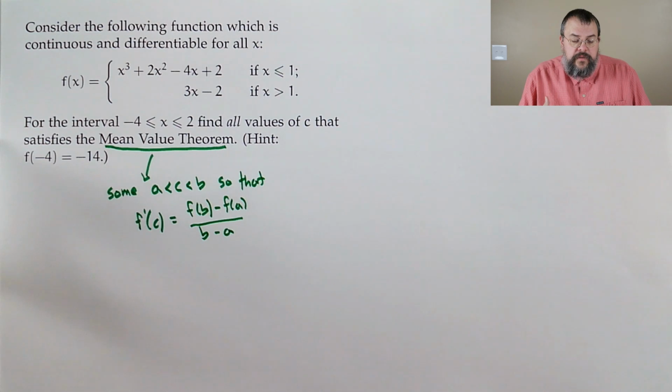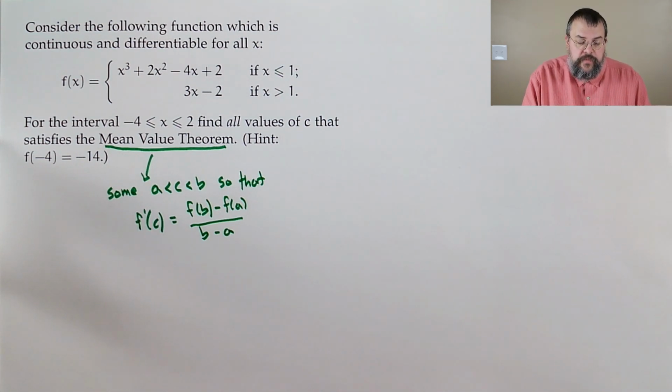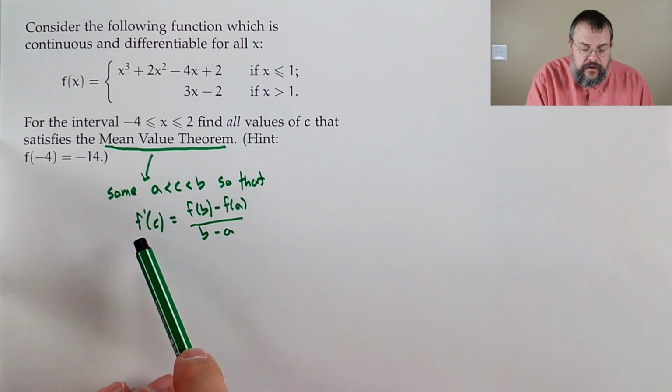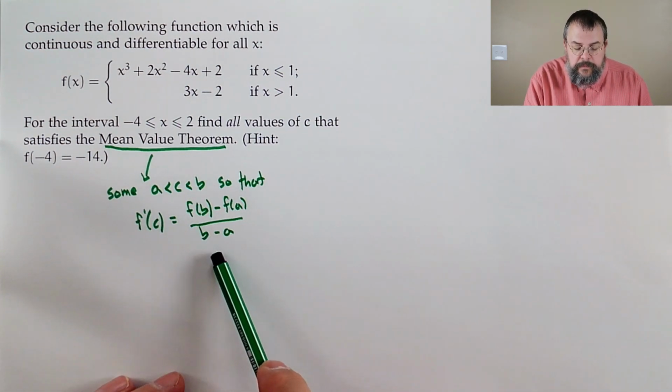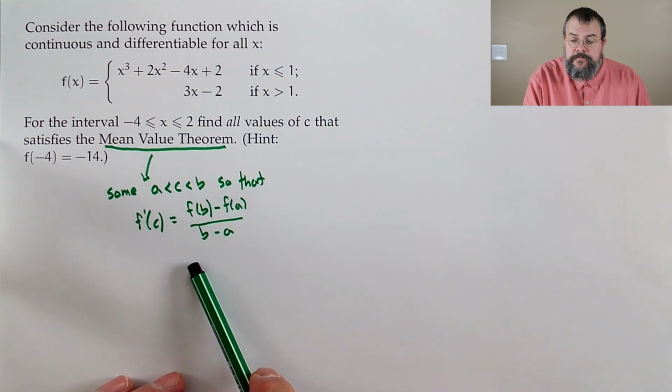So when we say we want to find any and all c that satisfy it, we need to find all the places where the derivative is equal to the average rate of change.